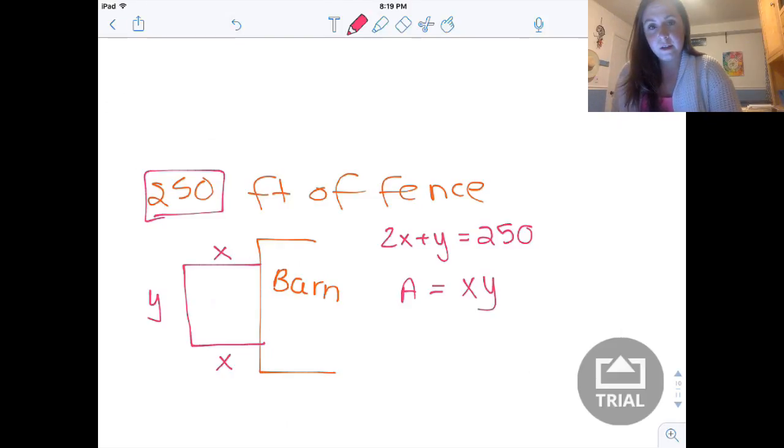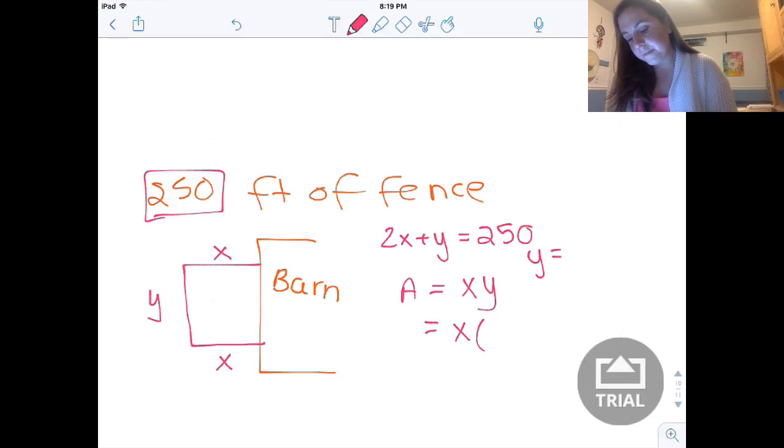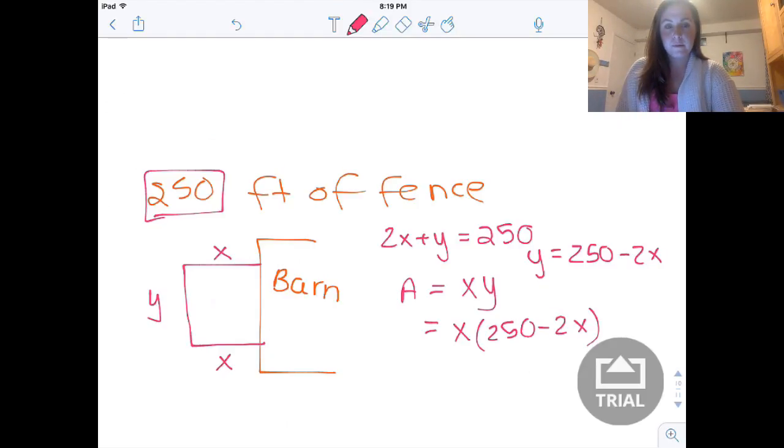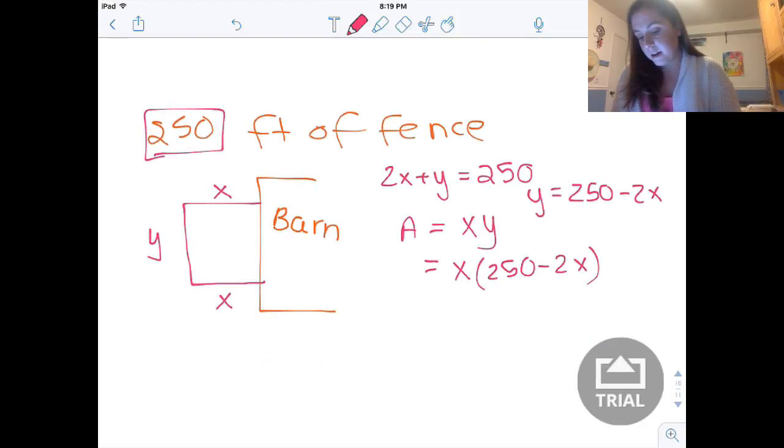And to maximize that, I need to write area all in terms of one variable. So instead of that, I'm going to do x times 250 minus 2x, because that's the same as y. So then from there, I would have 250x minus 2x squared. And again, I've not done any calculus yet. This is all pre-calc.